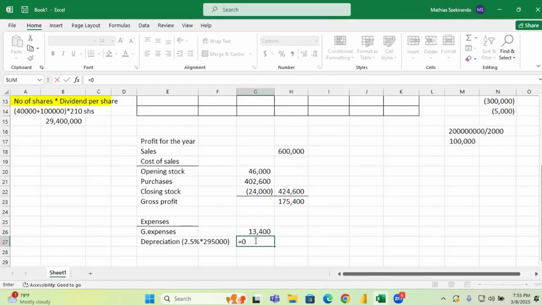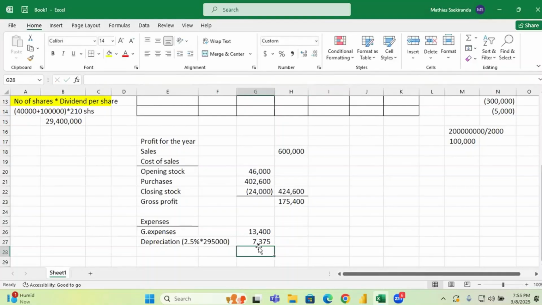This time it was 29.5, so that is our depreciation. Therefore, our total expenses, how much are they?